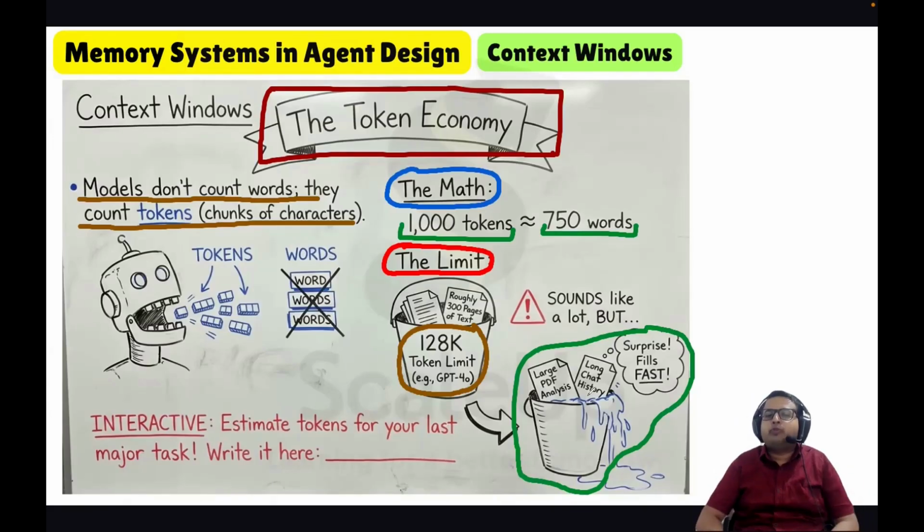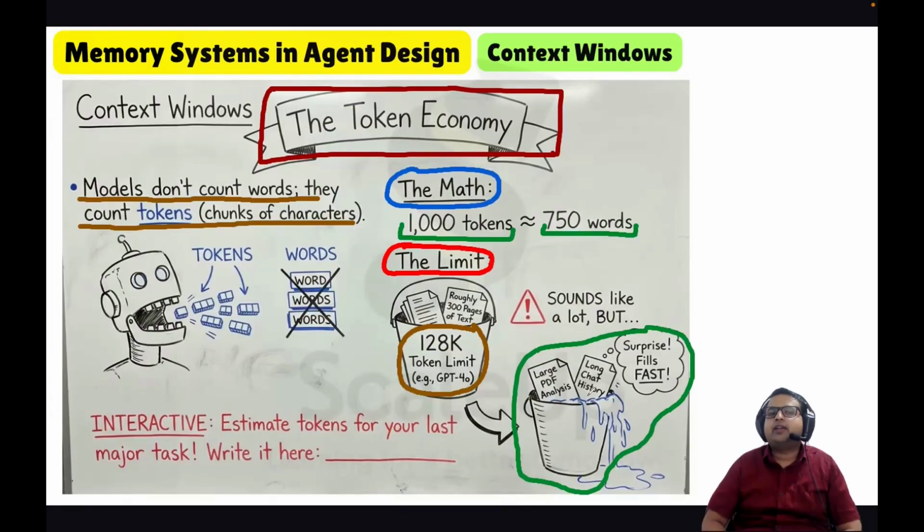Then we have to make use of the long-term memory, so that whatever important information we feel is getting overflowed, we can store it in the long-term memory and retrieve it when and where needed in the active context window.